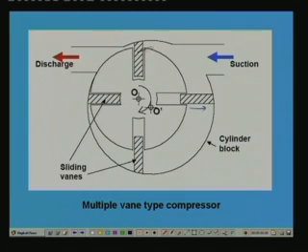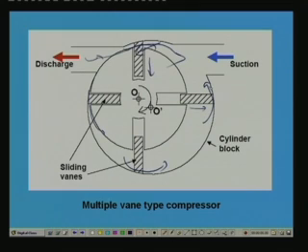For example, if you look at this vane, there will be no centrifugal action, so it will not be pressed against the cylinder block. Due to gravity it will fall down. Once it falls down, a gap is created here. As a result, this high pressure gas can flow back through this gap onto the suction side. Similarly, there will be refrigerant flow from this point, and like this, and like this.